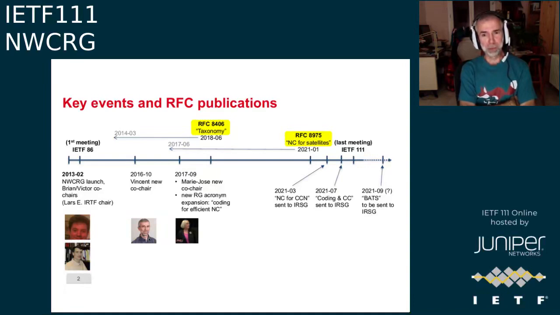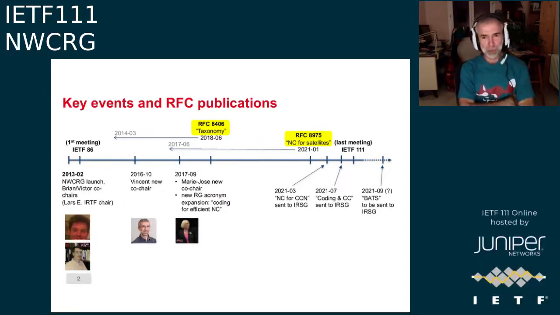We now have a second RFC, RFC 8975, which discusses the use of network coding and coding in general for satellite systems. Nice RFC, initiated by Nicolas, who is present, and Emmanuel Lochin. It was published earlier this year, in January.